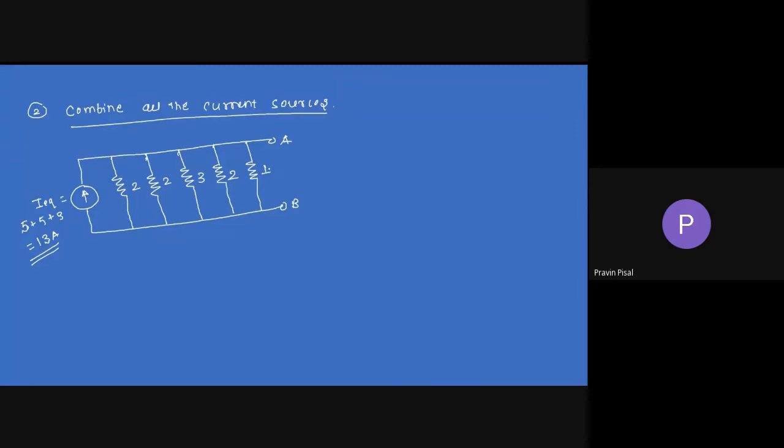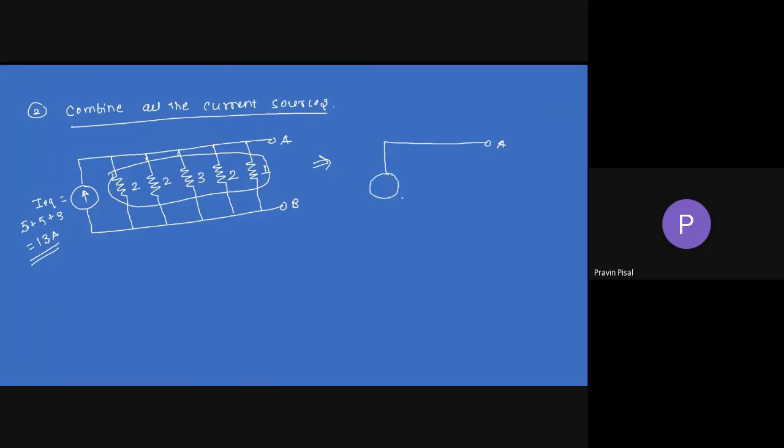Now we have only one source, but here we have 5 resistances. So we have to convert these 5 resistances into a single resistance, and the final answer will look like this. So this is the A point here.